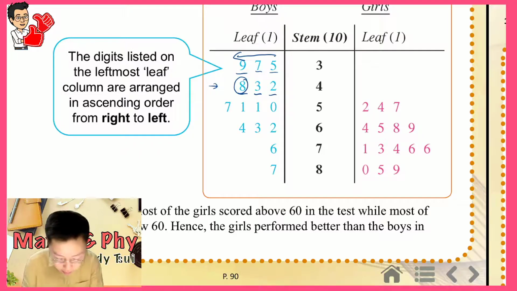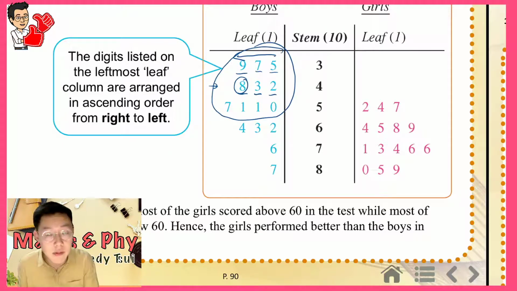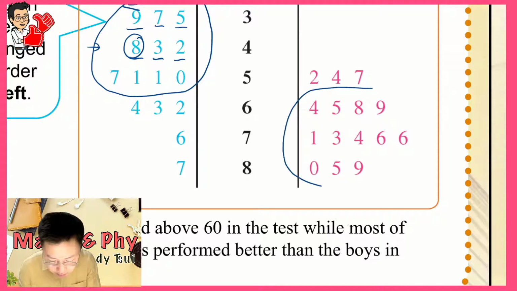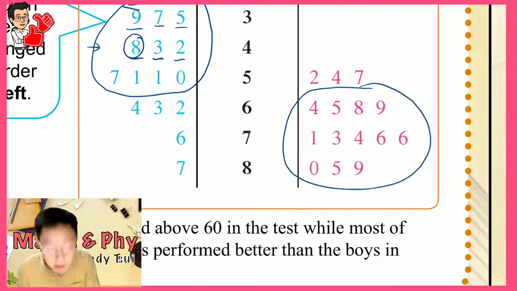You can see a lot of boys score marks that belong to 60. However, more girls score marks that are more than 60, and only 3 girls score marks that belong to 60.